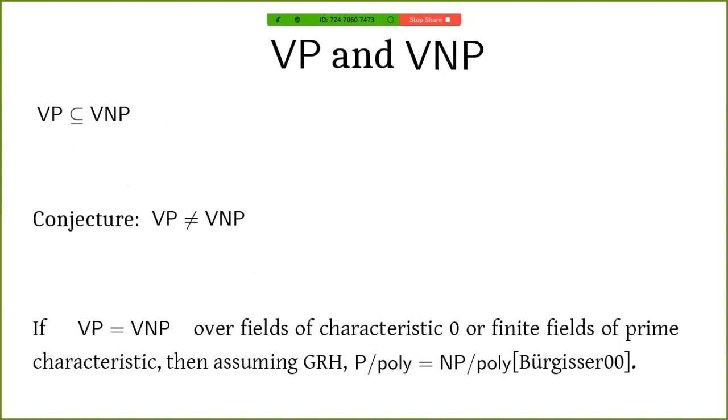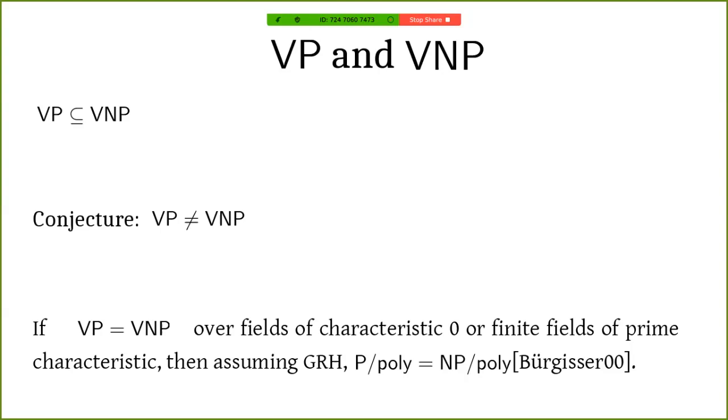Here, notice that the problem of showing that VP is not equal to VNP is a lower bound problem, since if we are able to show that there exists a polynomial family in VNP which cannot be computed by any polynomial size circuit, then we would have shown that VP is strictly contained in VNP.